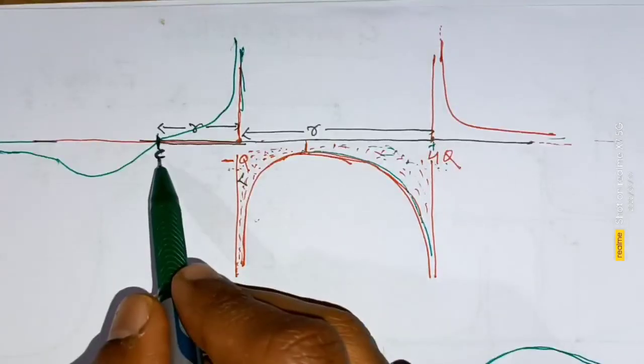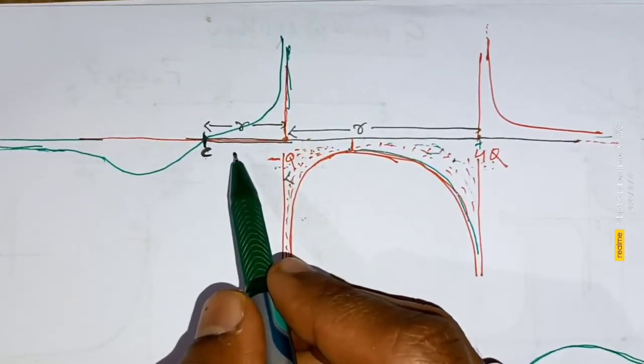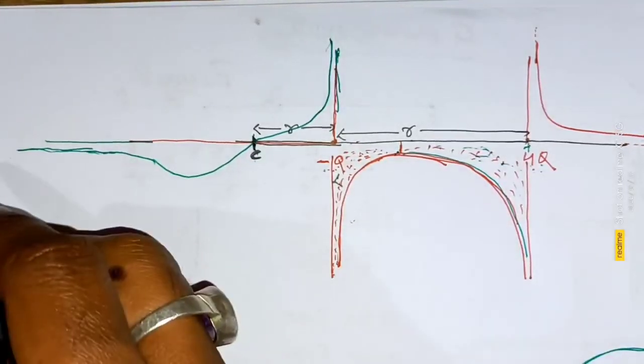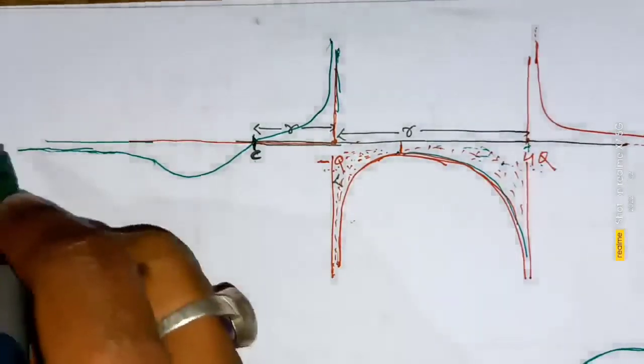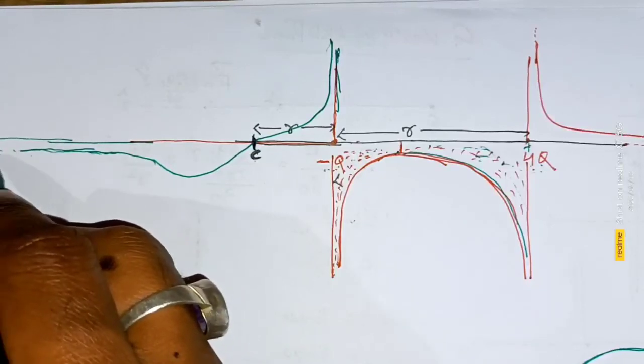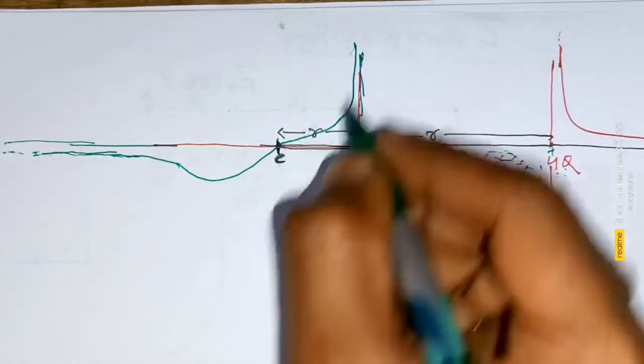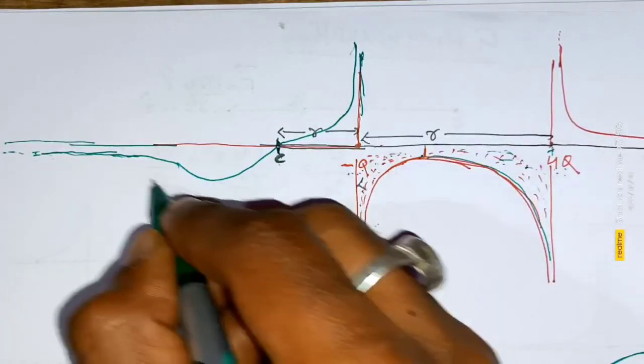At the equilibrium point C the electric field is 0, and at infinity it is also 0. So it simply goes like this at infinity, and the graph will be like this.